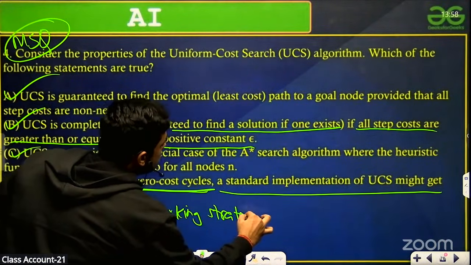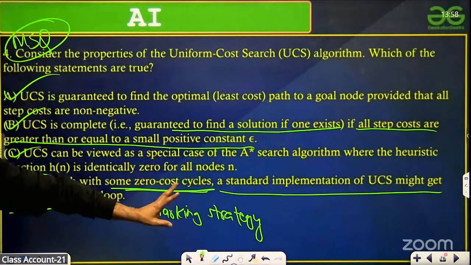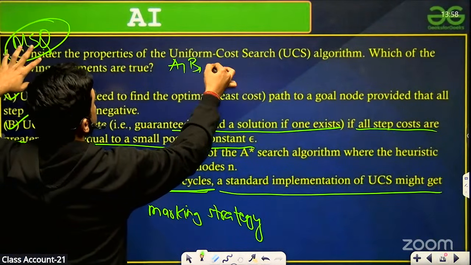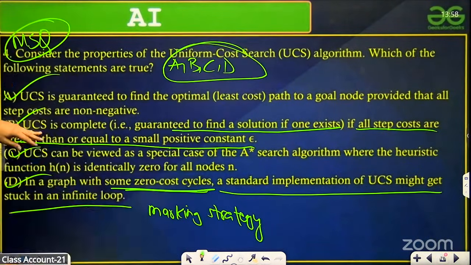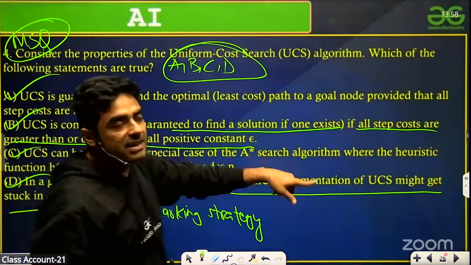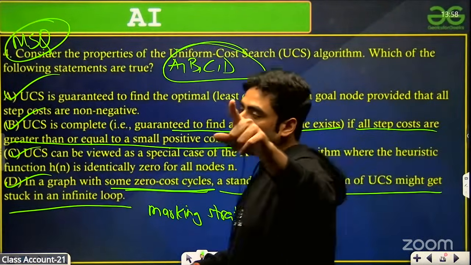We won't be revisiting the nodes that have already been visited. So guys, all the options are correct. Here, in zero cost cycles, a standard implementation of UCS might get stuck.